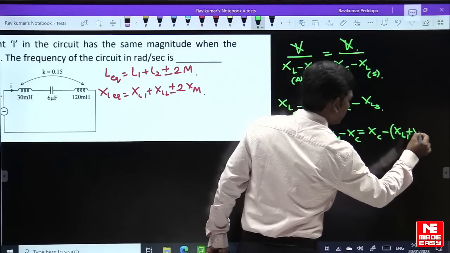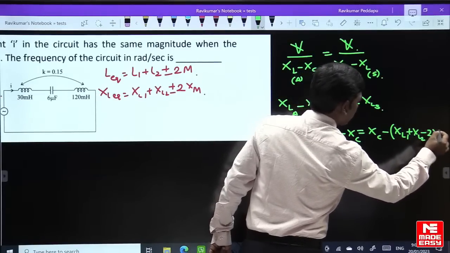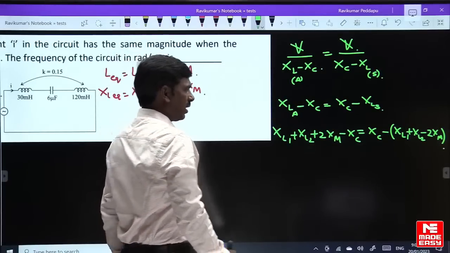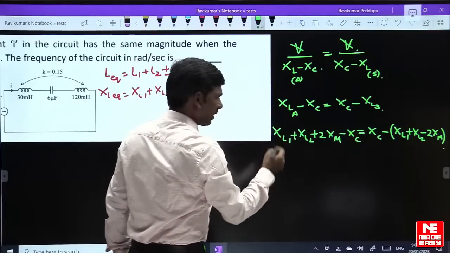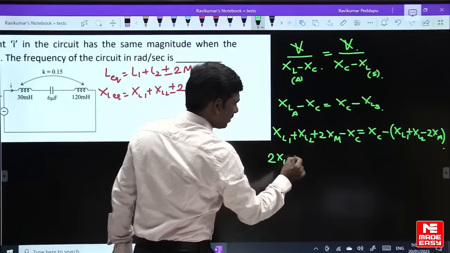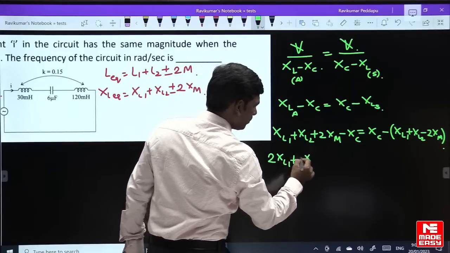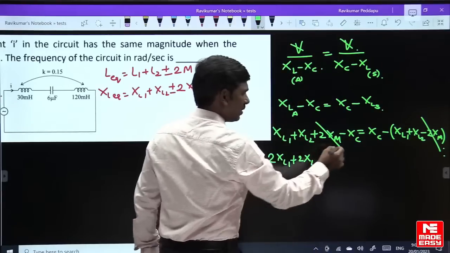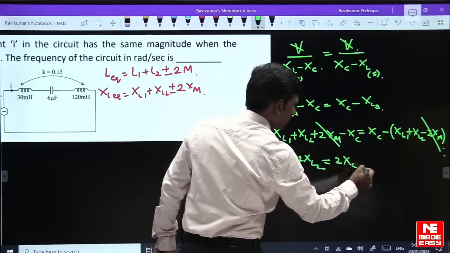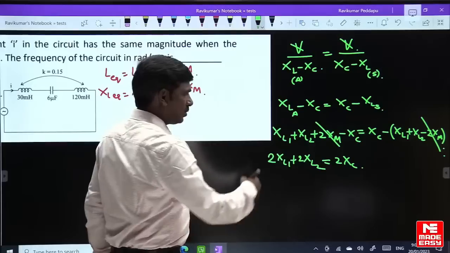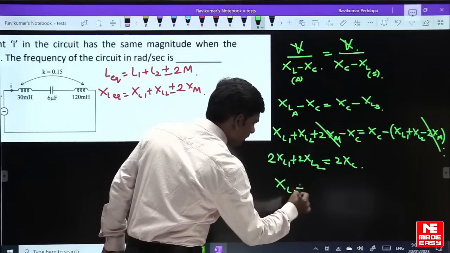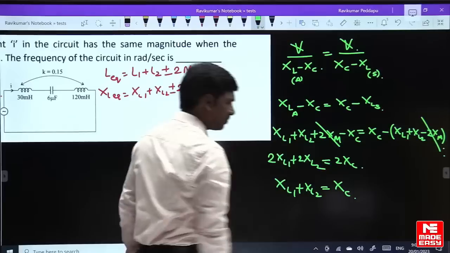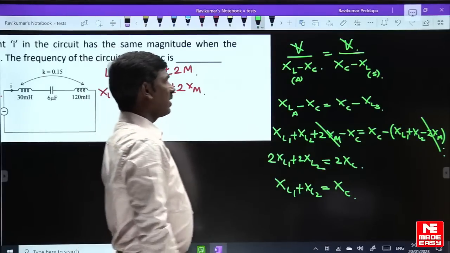XL1 plus XL2 minus 2XM, this is after reversing. Now look here, minus XL1 is coming to here, so 2XL1, 2XL2, 2XM gets cancelled, so here is 2XC. The 2 gets cancelled, XL1 plus XL2 is equal to XC.